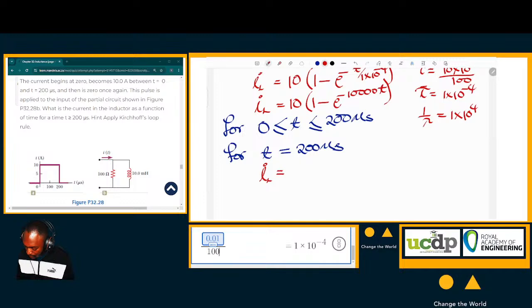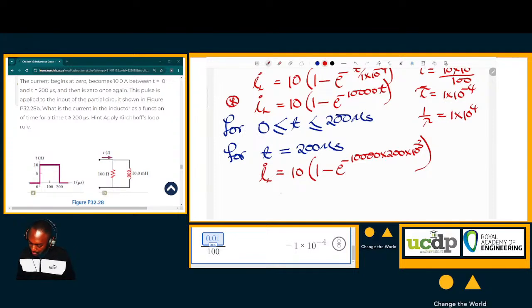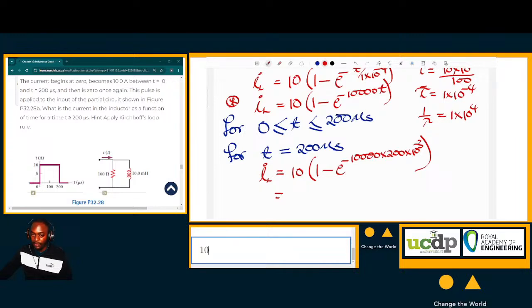We're taking the very same equation, put our 10, and that's 1 minus exponential negative 10,000 multiplied by 200 times 10 to the negative 3. Okay, and then we punch that.